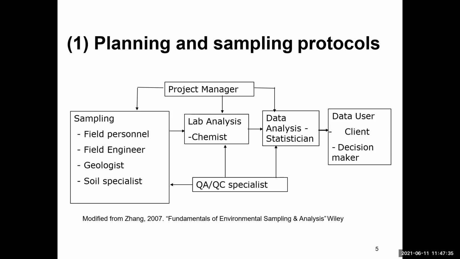The first is field personnel: field engineer, geologist, and soil specialist. These are the sampling team. Then after sampling comes the lab analysis by the chemist. Once the sample is collected, you send it to the lab for analysis.